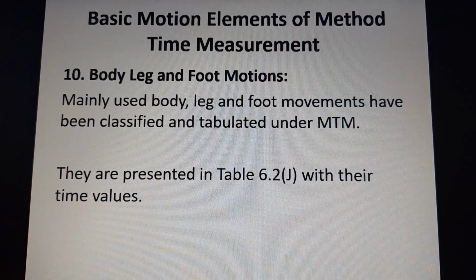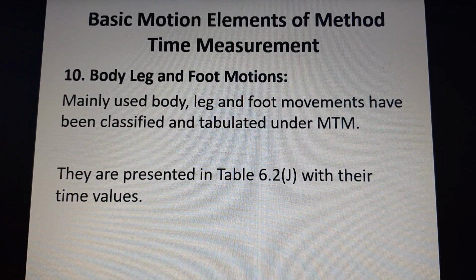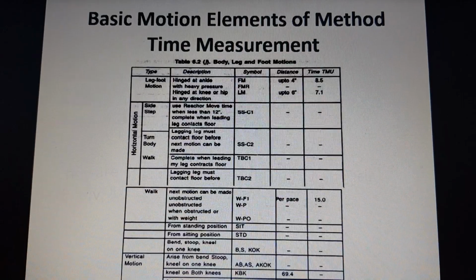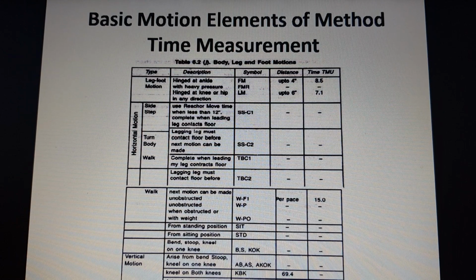And last but certainly not least, we have the body, leg and foot motions. These are mainly used for body, leg and foot movements. These are classified and tabulated under MTMs, and we can see a table here. For example, for the type of motion, we have leg foot motion, we have horizontal motion, which is the side step, turn body, walk, and vertical motion.